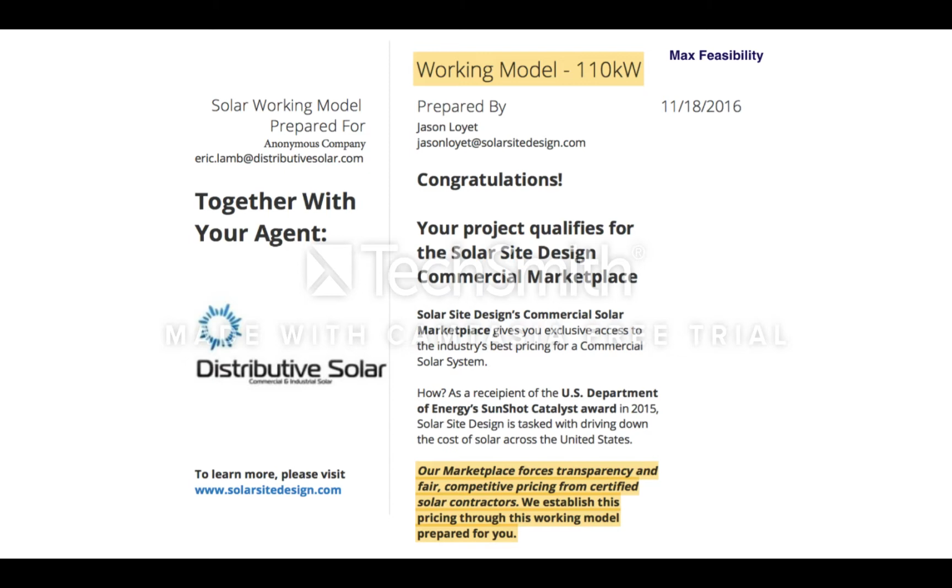It's a perfect marriage, and it has never been done before. Ultimately it drives down the cost of solar for commercial business owners, which is good for their business propositions.